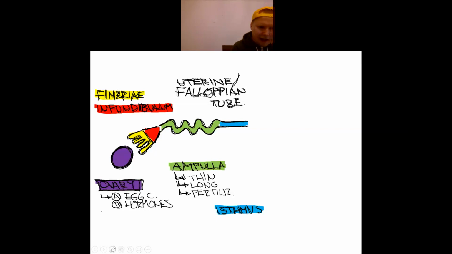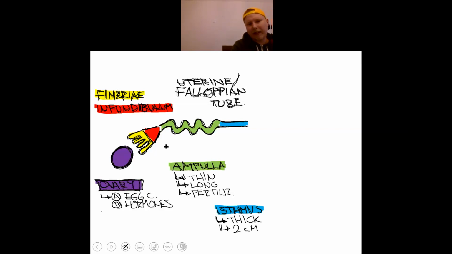So let's add just a few notes about that as well for the sake of completeness. So this is a thicker wall. And if you are using the metric system, it's about 2 centimeters in length. That would be about this sort of length. So that's our uterine tube, or fallopian tube, if you wish.